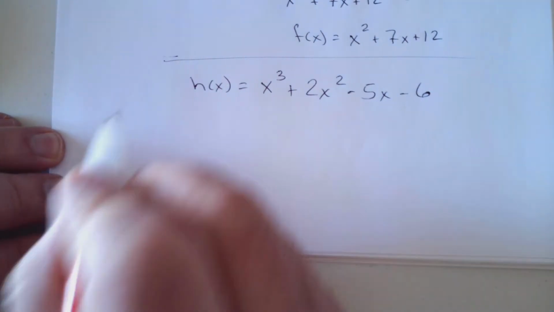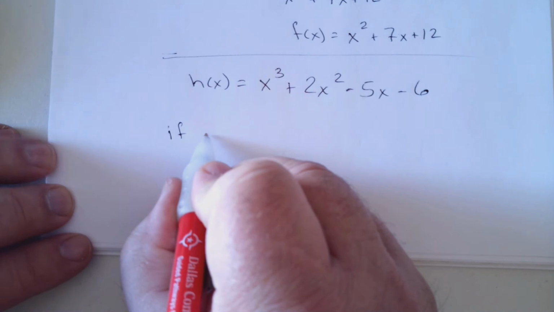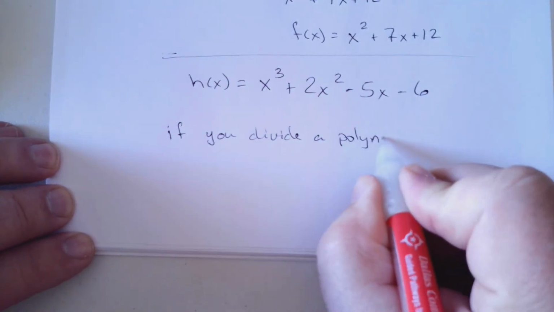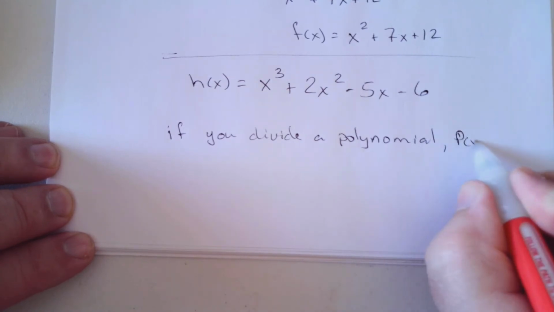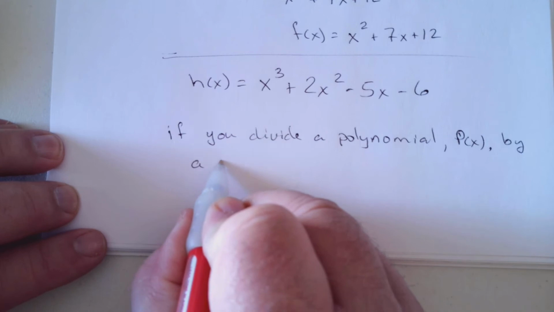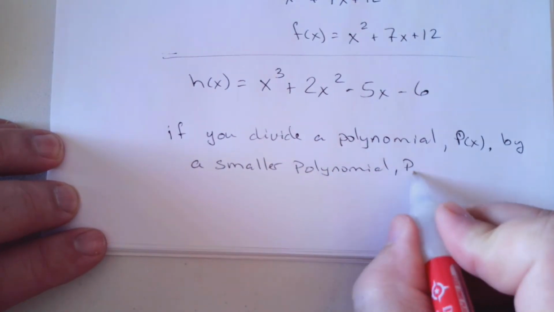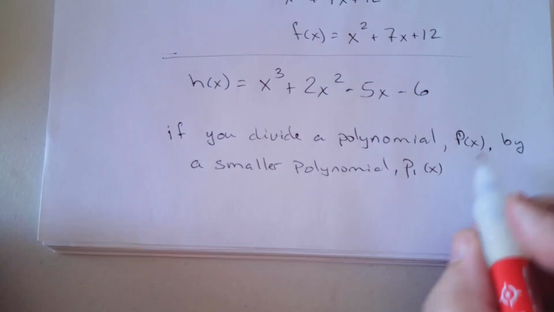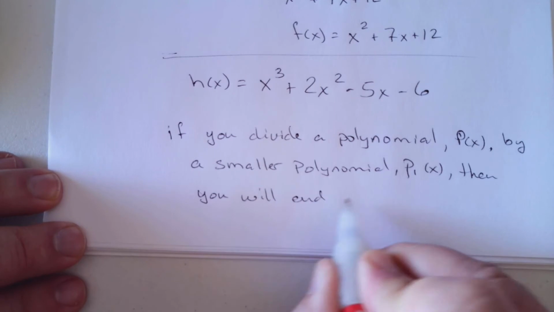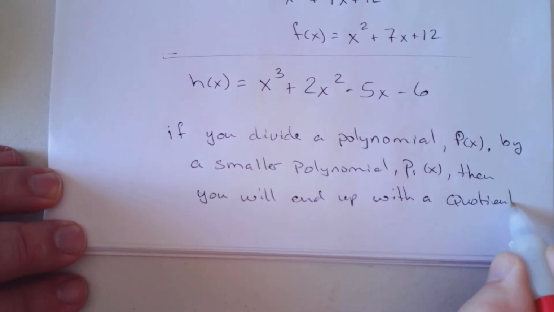We know from up above that if you divide a polynomial p of x by a smaller polynomial, we'll call that p1 of x, then you will end up with a quotient polynomial.